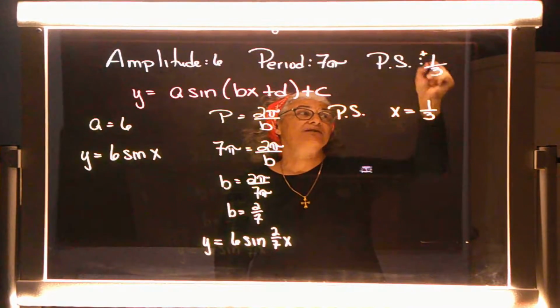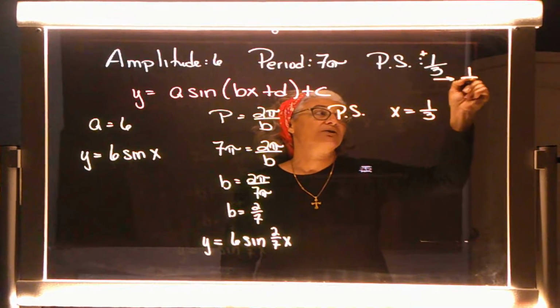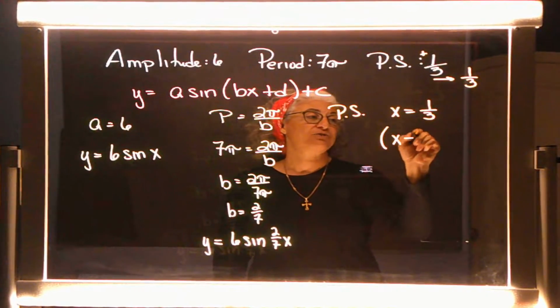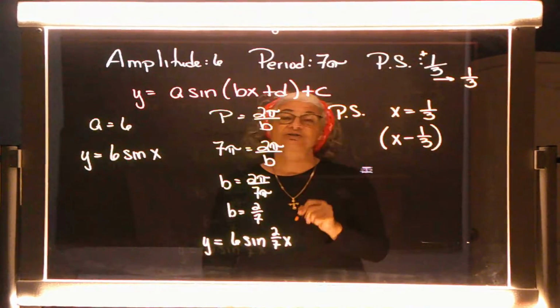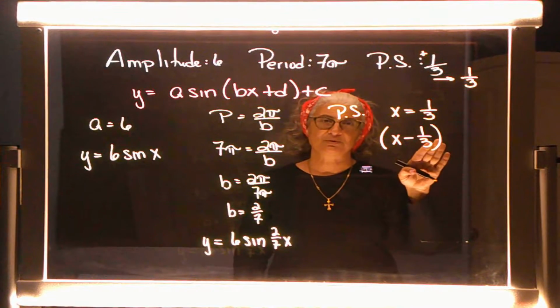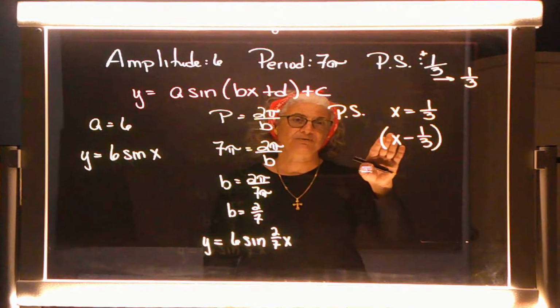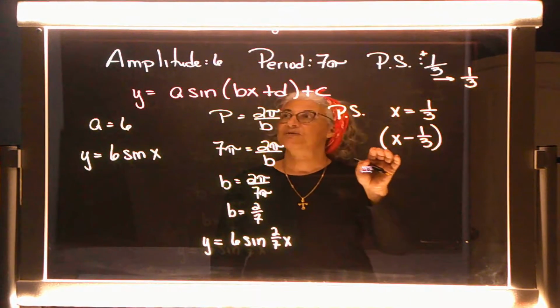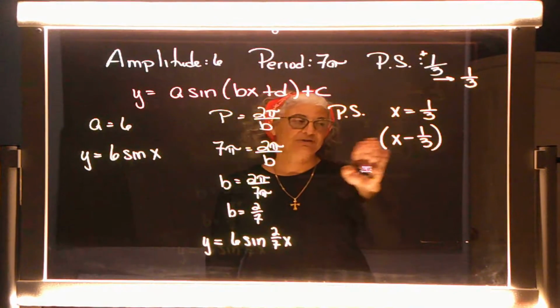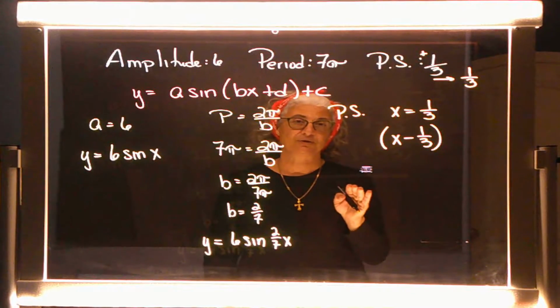Since this is positive, that means it went to the right 1/3, which means in the parentheses, I should find x minus 1/3, shouldn't I? Right, because when you set that equal to 0, the normal start, which was 0, then you're going to get a positive 1/3.